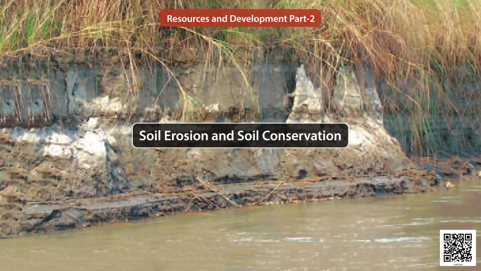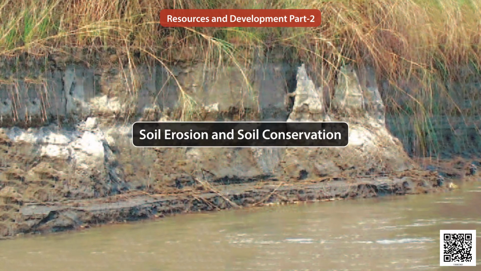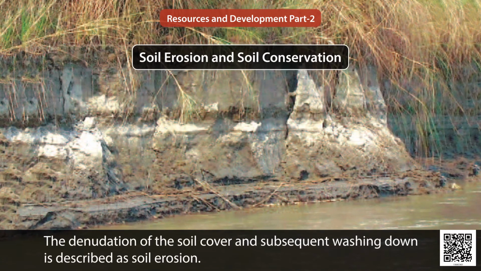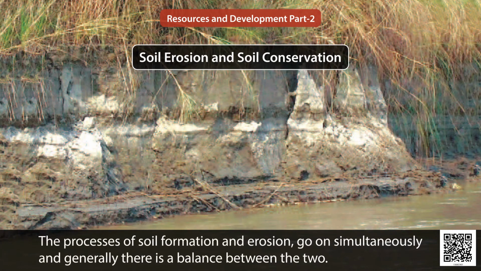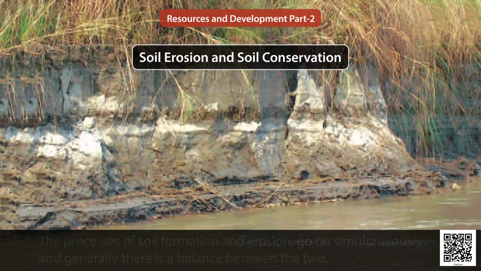Soil erosion and soil conservation. The denudation of the soil cover and subsequent washing down is described as soil erosion. The process of soil formation and erosion go on simultaneously and generally there is a balance between the two.